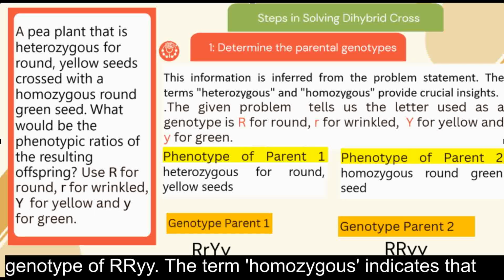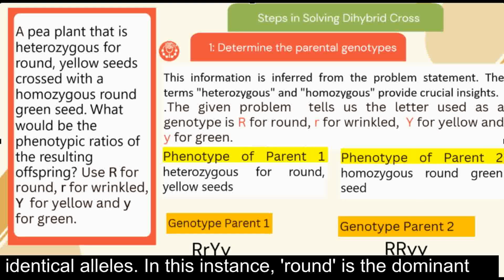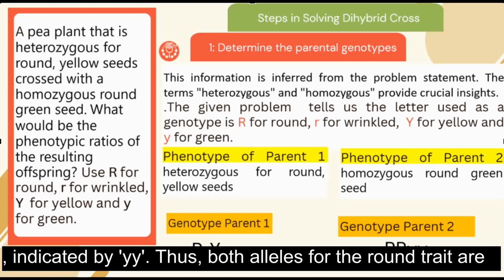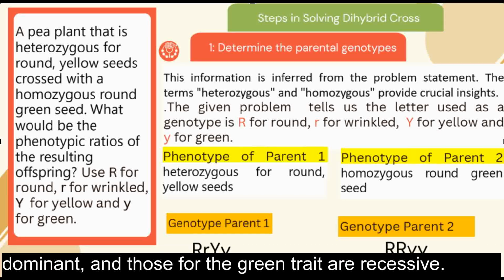The term homozygous indicates that each trait consists of identical alleles. In this instance, round is the dominant trait, suggested by capital R, while green is recessive, indicated by small y. Thus, both alleles for the round trait are dominant and those for the green trait are recessive.